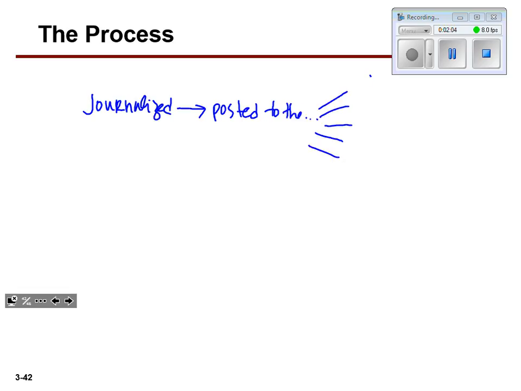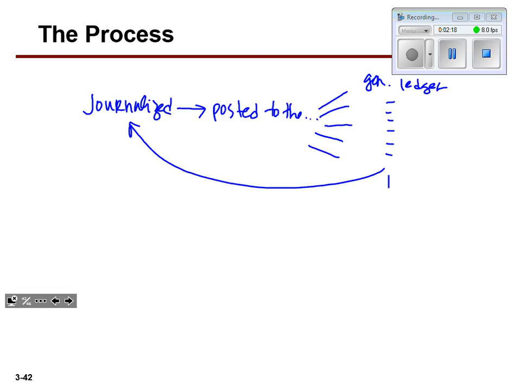I wanted to stop and just remind you of the process. Before, in last chapter, we journalized, posted to the general ledger and all the individual little accounts. From there, we brought stuff back to the journal saying what account they went in.